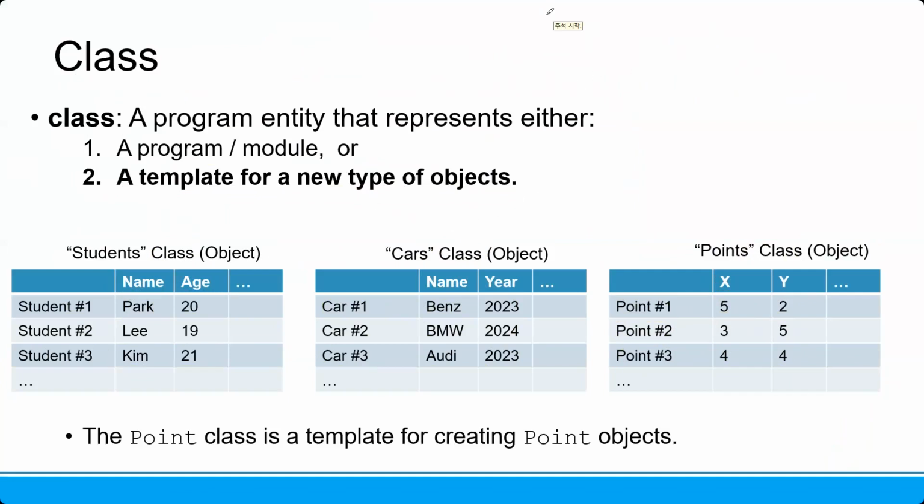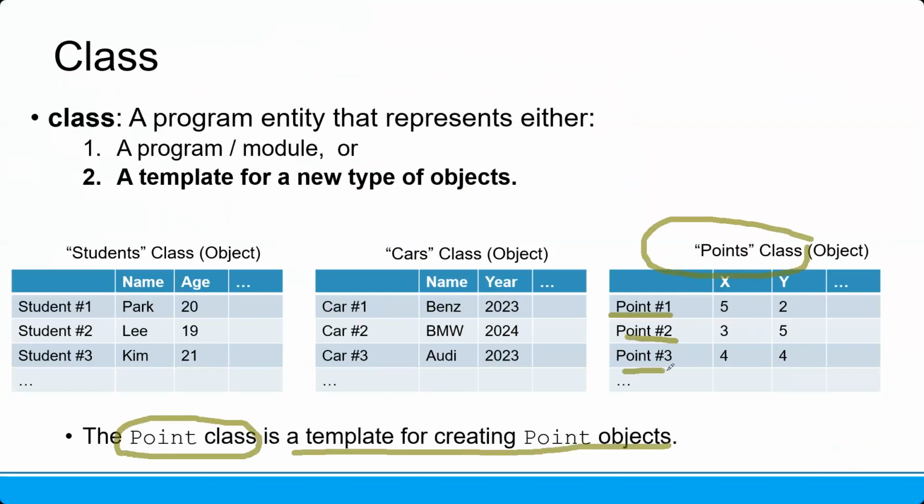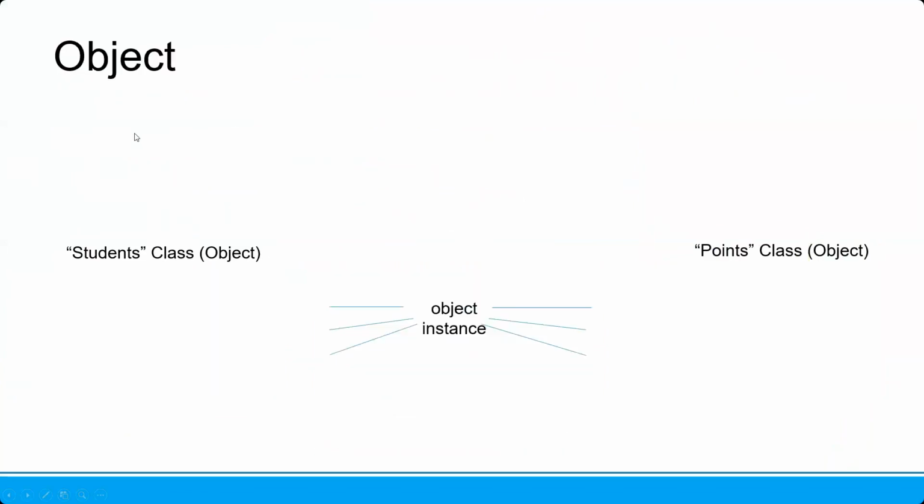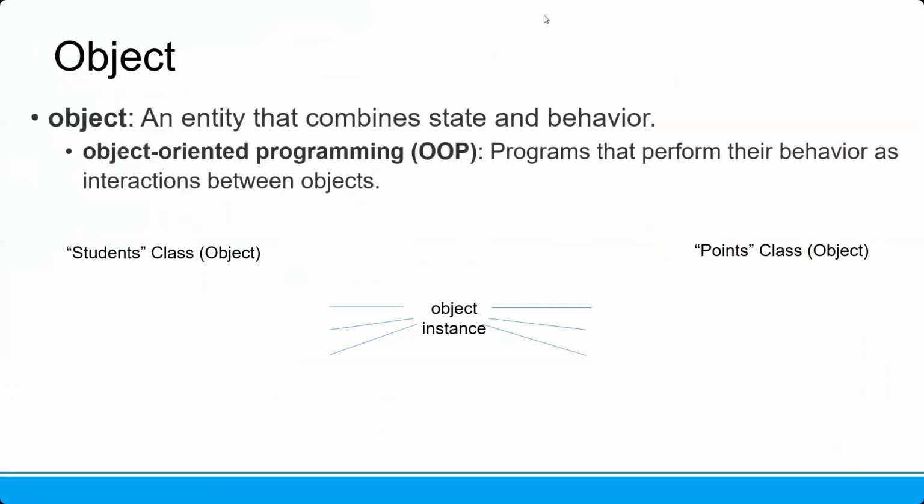For this example, I would like to focus on the point class. So this point is a template for creating point objects. So point 1, point 2, point 3, these are the objects.